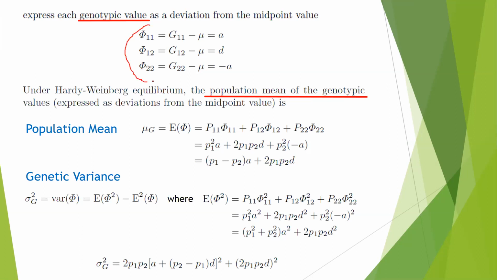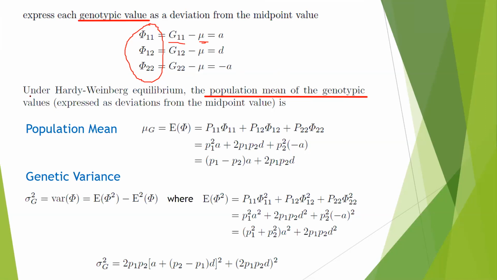So last time we learned how to define the genotypic value, right? That's the difference between the expected phenotypic value and the midpoint. So this is how we define the genotypic value for three different genotypes in an F2 population.